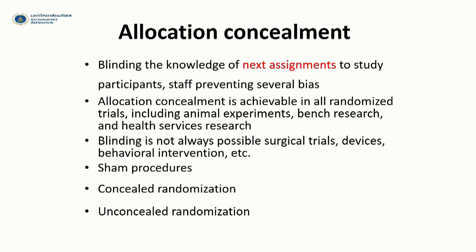So when you give a high dose of resistant carbohydrate, some of the participants know because they feel stomach discomfort. This causes them to know that they are in the interventional group.